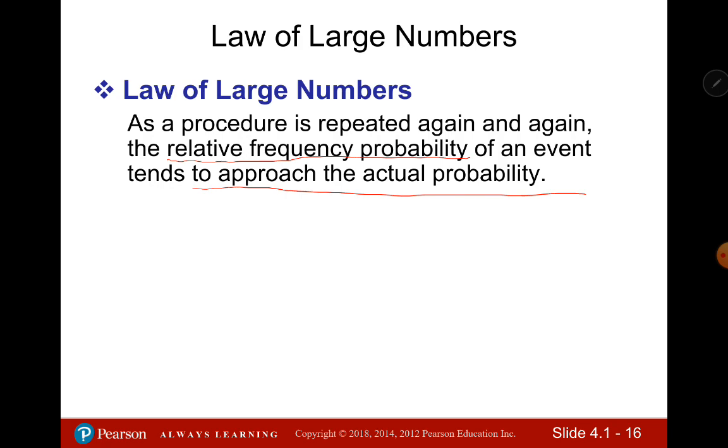That's the foundation for why we could use the first method, the relative frequency method. Because if this procedure is repeated again and again, then the relative frequency probability will be very close to the actual probability.